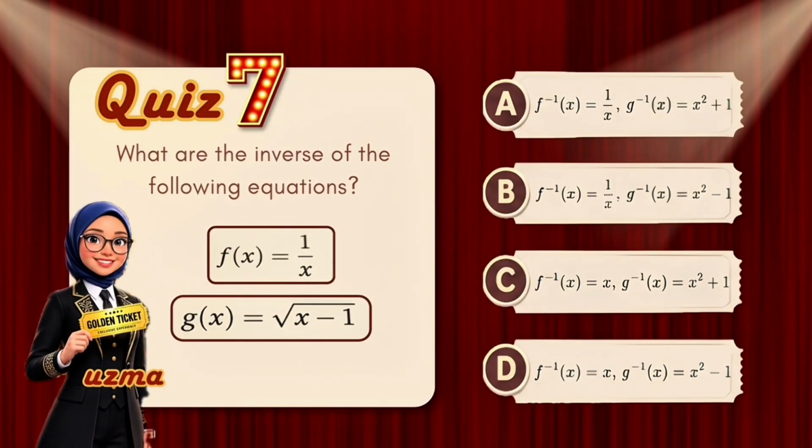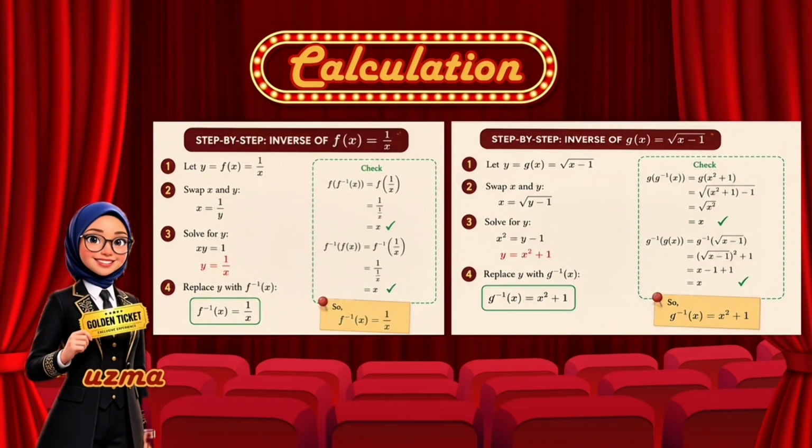Question 7. What are the inverses of the following equations? The correct answer for these questions is A. Now, let us walk through the full algebraic process of finding and verifying the inverse for both of our functions. First, let us look at function f(x) equals 1 over x. Step 1. We express the function as y equals 1 over x.